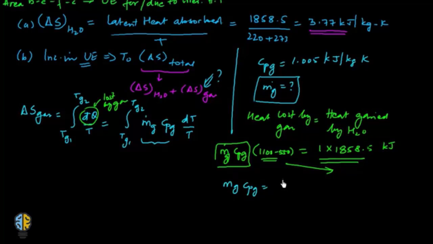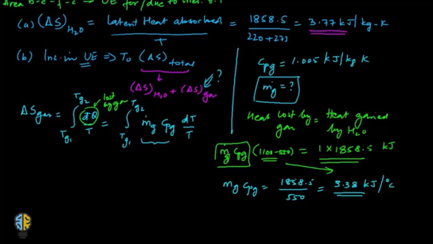This is equal to 1858.5 divided by 550. So this value becomes 3.38 kilojoule per degree Celsius. So this is the value that you'll have.